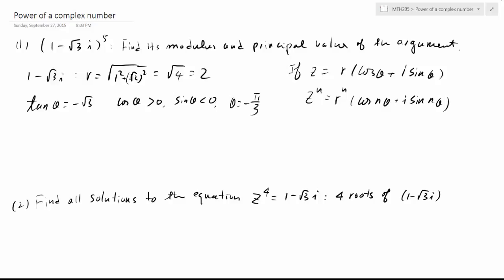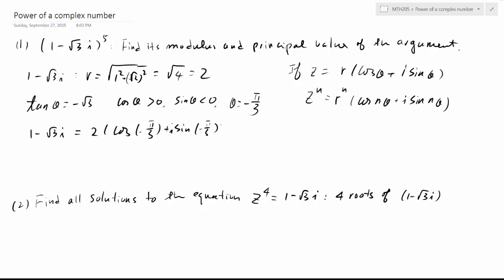Alright, so what it means is now we have 1 minus root 3i in polar form. That's a 2, and cosine negative pi over 3 plus i sine negative pi over 3.